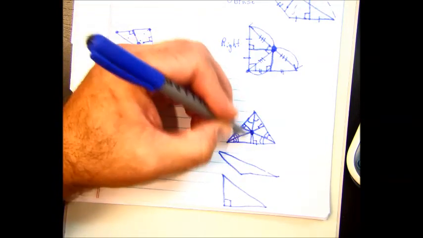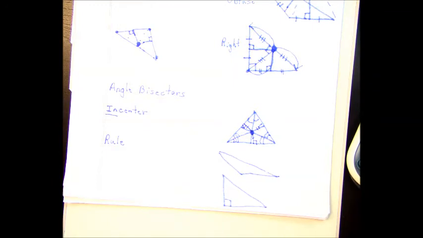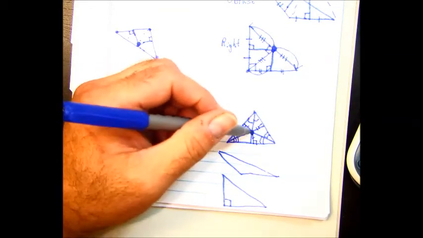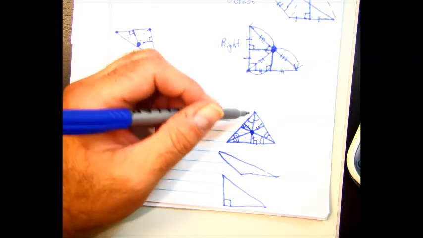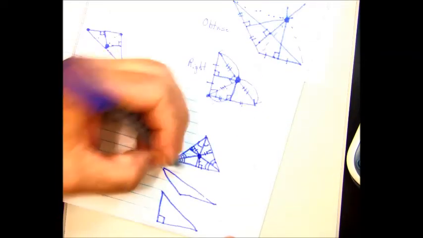All three of those would be the same measurement. But it's the perpendicular distance, not just any distance from that point to the side, the perpendicular distance from that point to the side is the same. They are perpendicularly equidistant.